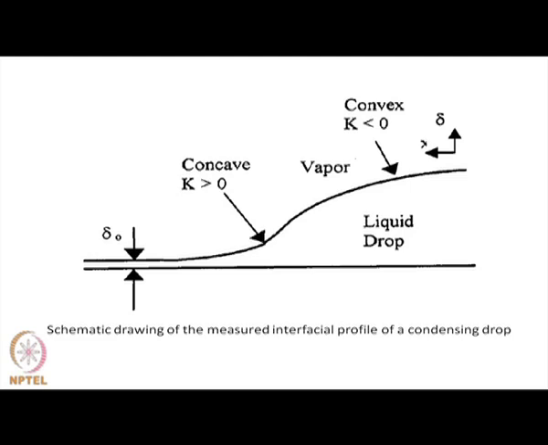At a certain point it changes from convex to a concave shape and asymptotically merges with a thin film in front of it, so the K value there is greater than 0. This change in curvature of a condensing drop from negative to positive, and then equal to 0 at the adsorbed film, will be extremely important for spreading, wetting and rewetting studies.